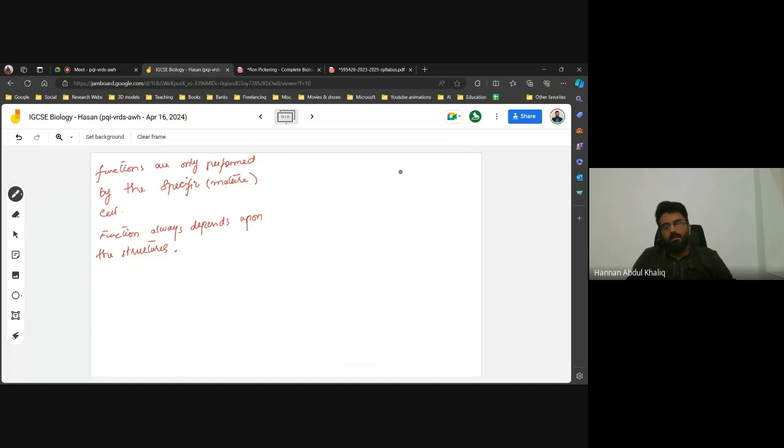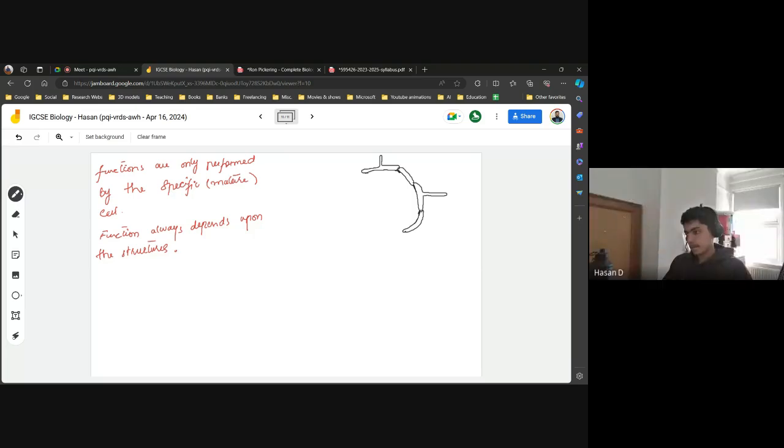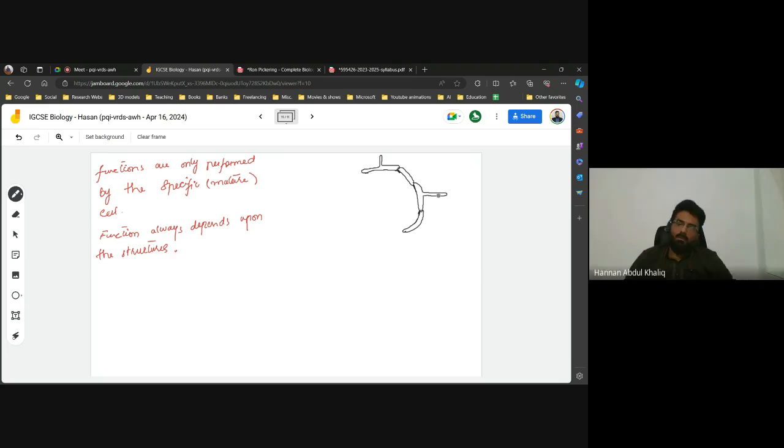You cut the root from the middle, and now you are studying the root in a circle shape. Obviously, when you cut the root from the middle, it would become a circular shape, right? So, this is one root hair cell.